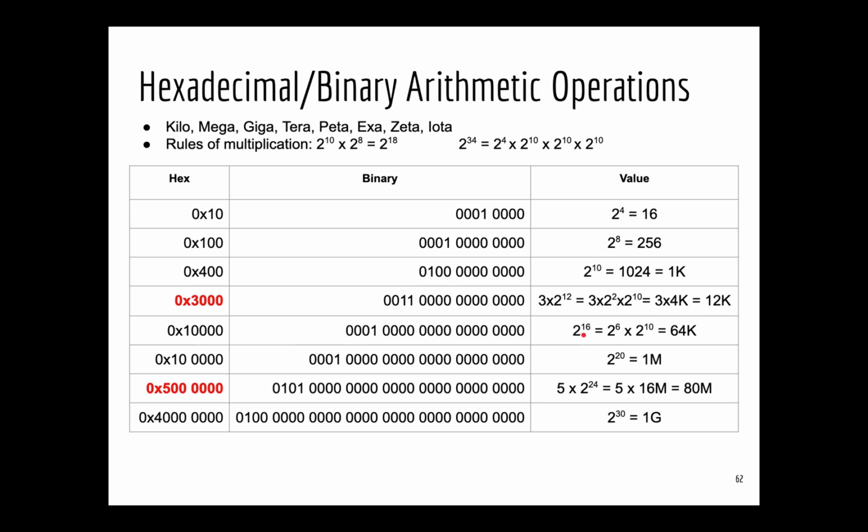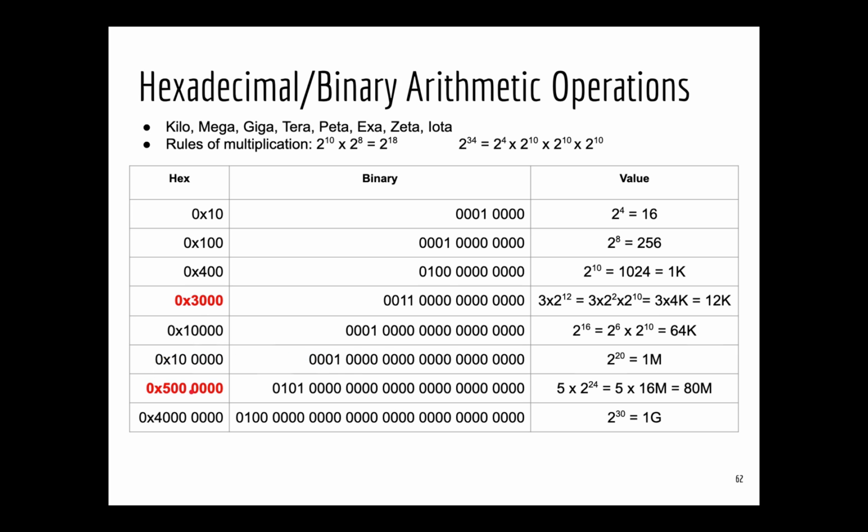But again, because I see 1k in here, I want to break this up into 2 factors: 2 to the power of 6 multiplied by 2 to the power of 10. The 2 to the 10 is 1k, and this is 64. So the combined value is 64k. The next example should be easy. This is just 1 followed by 20 zeros, and 20 zeros is 1 meg.